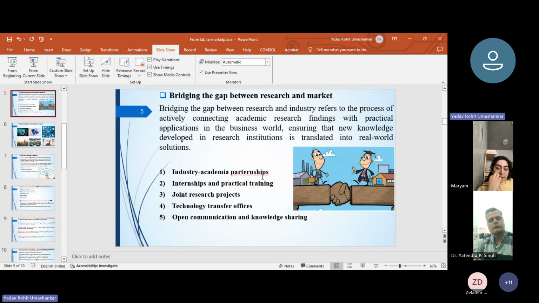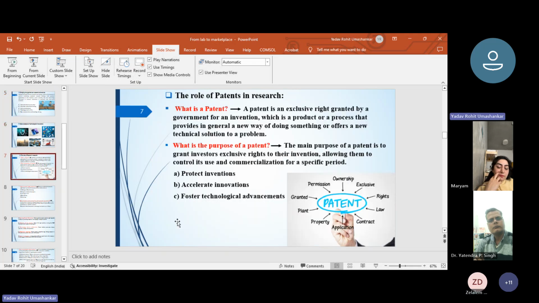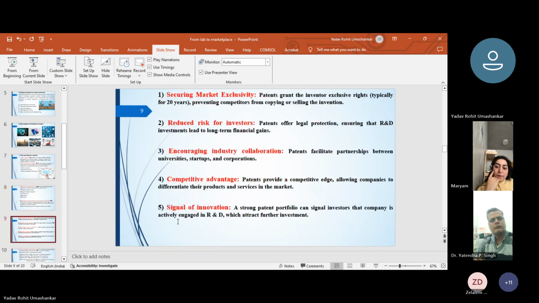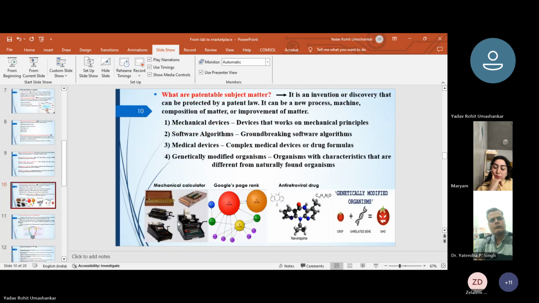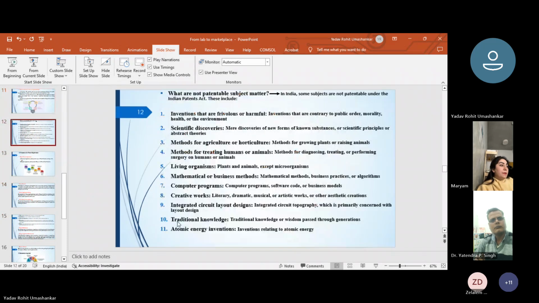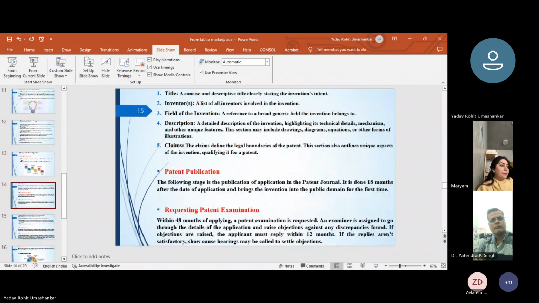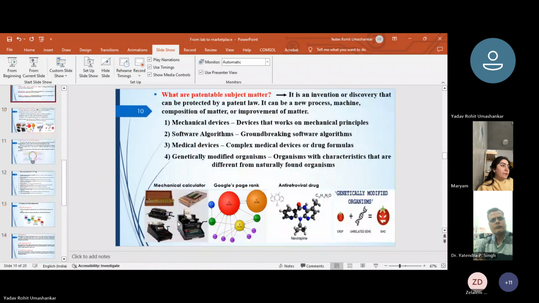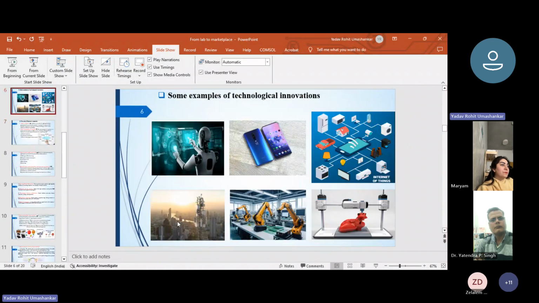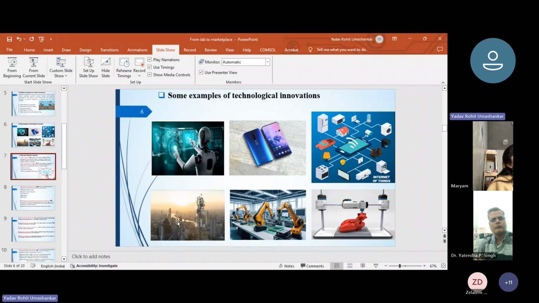Through patent, actually, one second. I think this part will explain. One second. Where is that bridging the gap?